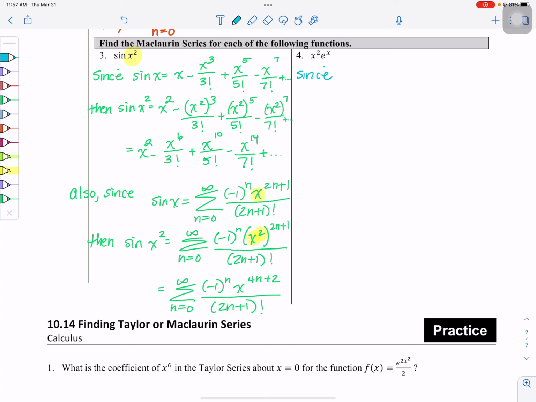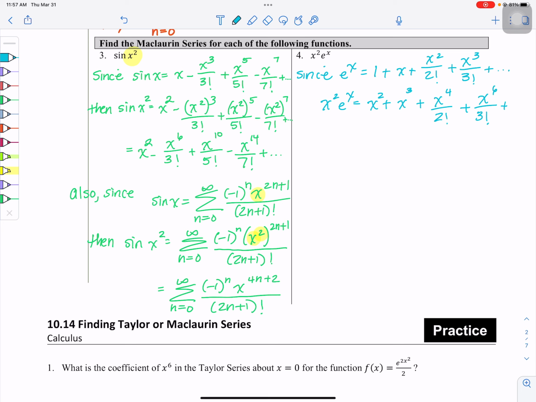Well, since e to the x is equal to 1 plus x plus x squared over 2 factorial plus x cubed over 3 factorial plus and so on, x squared e to the x is equal to x squared plus, multiplying x squared times each term, x cubed plus x to the 4th over 2 factorial plus x to the 5th over 3 factorial, plus and so on.